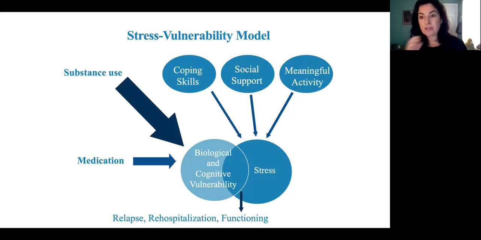So if we think about something that causes a relapse for someone, a lot of times the model is excessive drinking, and the biological vulnerability of having had an episode of psychosis before, and a stressful event, and then the arrow goes to relapse and rehospitalization. And what we want everyone to be thinking about is the role in which a person's beliefs about what's going on with them at that time might play a role in whether they end up having a relapse or not.